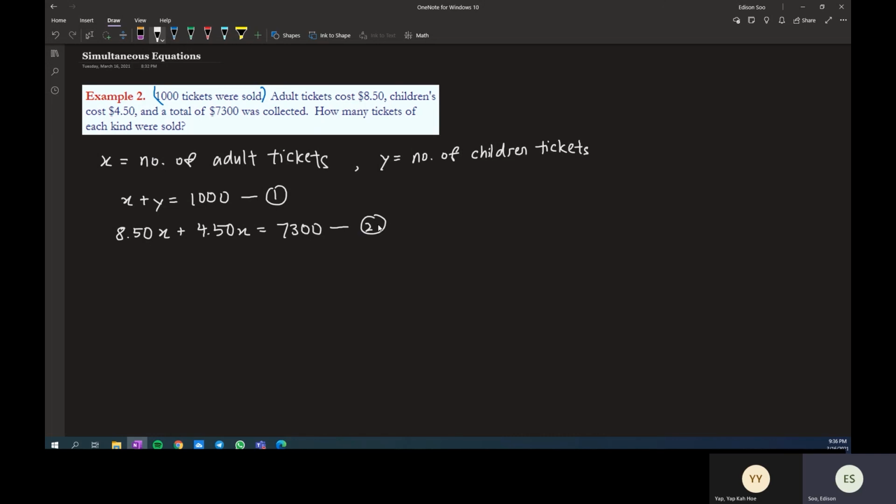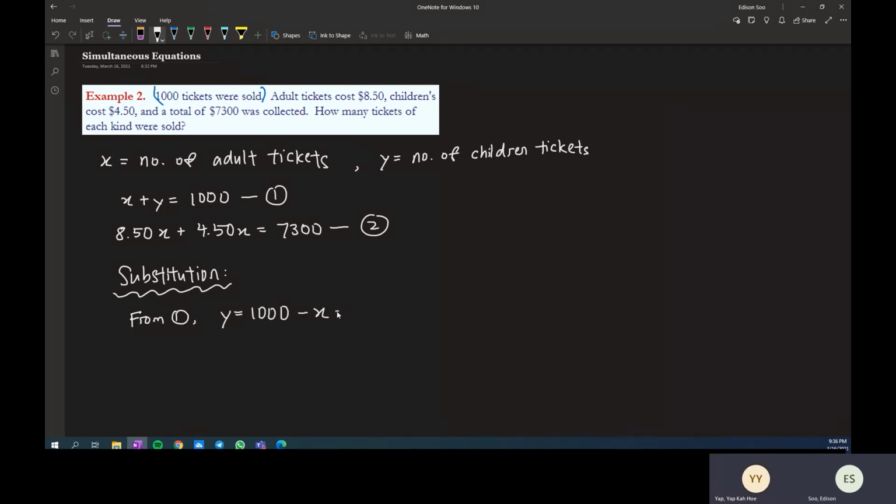So that will be our equation 2. For this example, I'm going to solve it using the method of substitution. Right. Okay. So right now I'm going to formulate a third equation, using equation 1 and making X the subject of the equation.